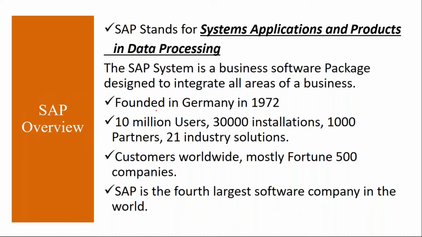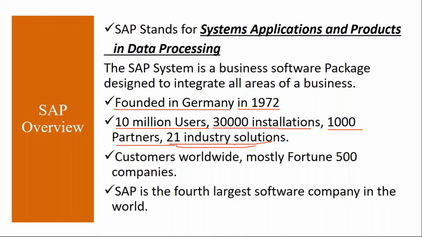So SAP was founded in Germany in the year 1972. As of now, 10 million users are there, 30,000 installations have been done, 1,000 partners are there, and SAP has industry-specific solutions for 21 industries, different types of industries like automobile, pharma, chemical, retail, oil and gas.